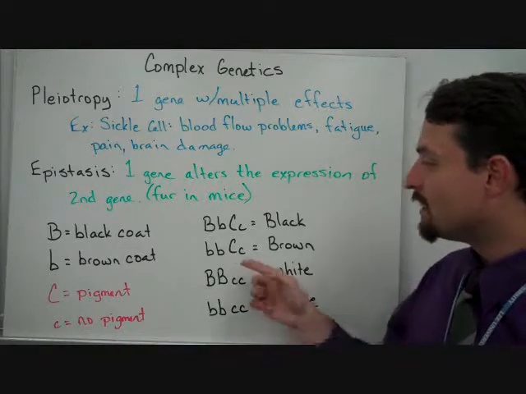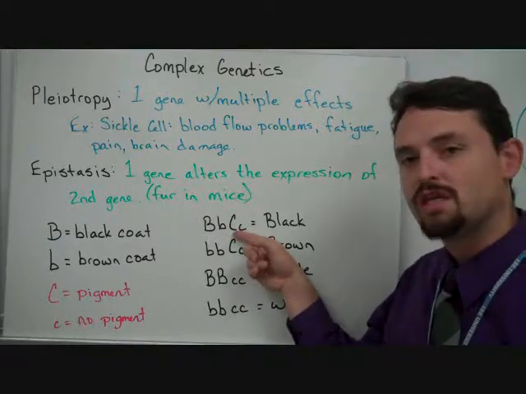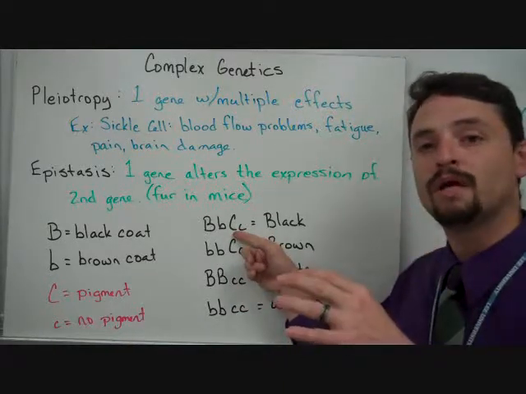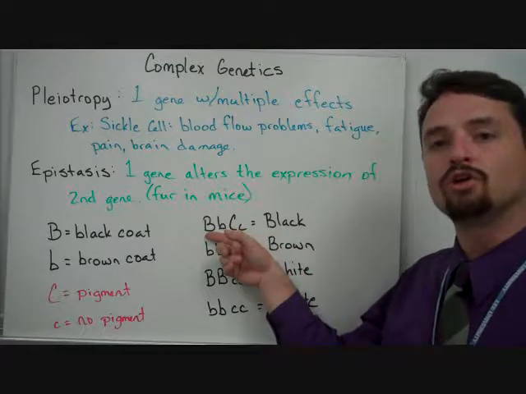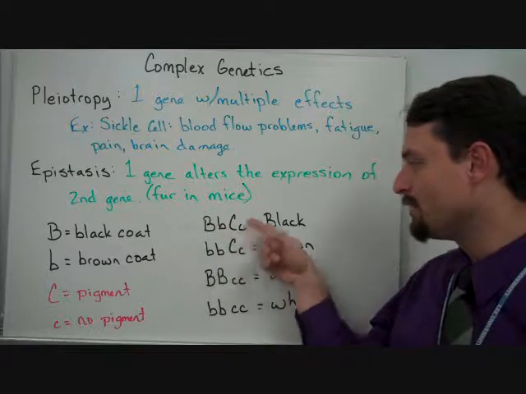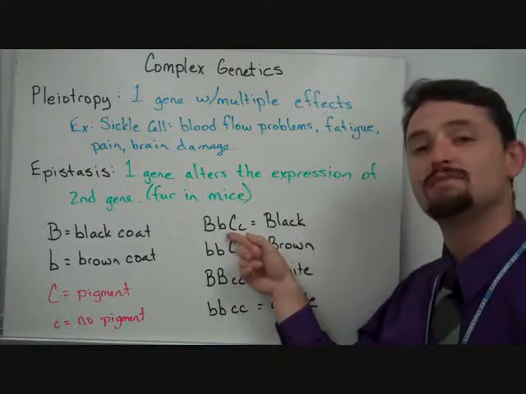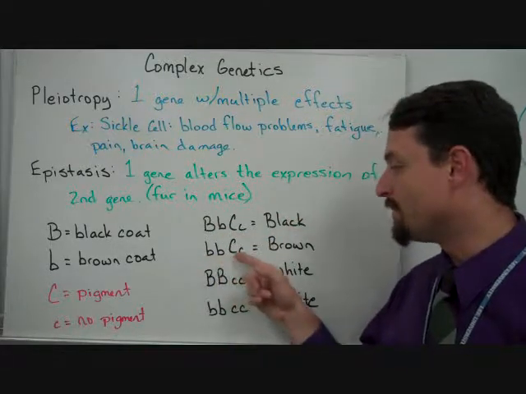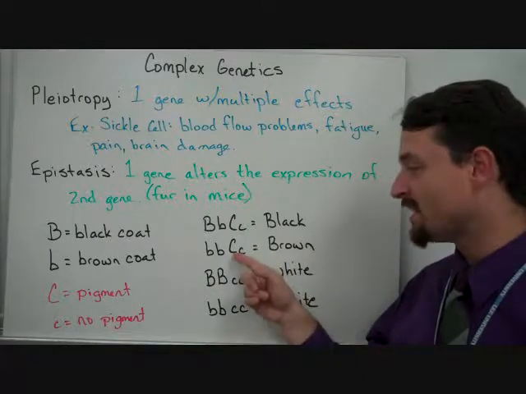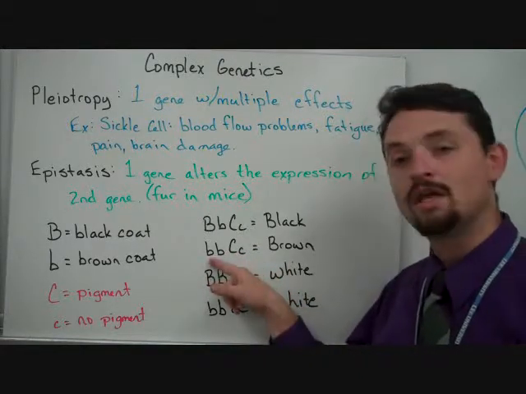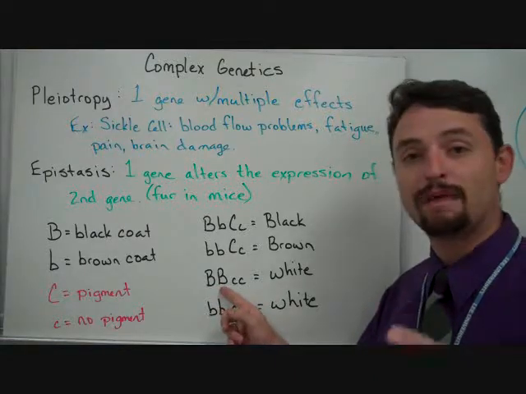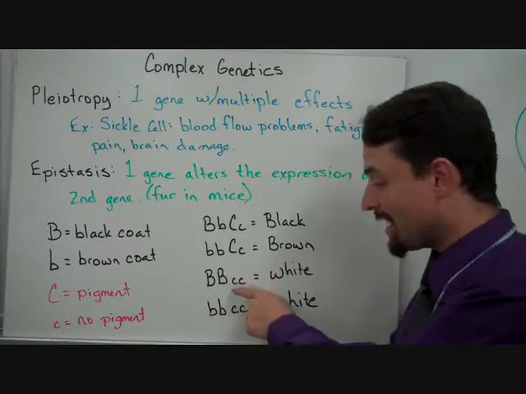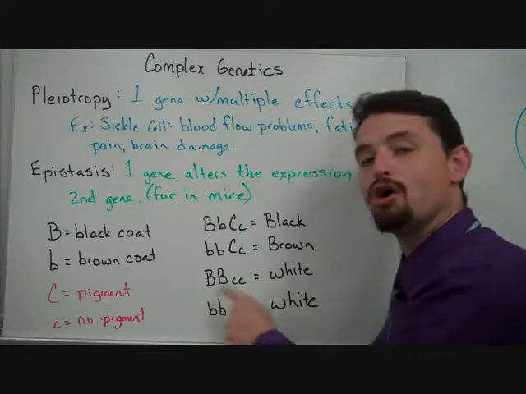So what we find then, if you have a capital C, meaning that pigment will be expressed, then this allele will show you what the color is. So big B, little b would be black because it has the big C. Little b with the big C would be brown because it has pigment and then it has the brown pigment. Down here, notice big B, that should be black except it has little c, which means no pigment.